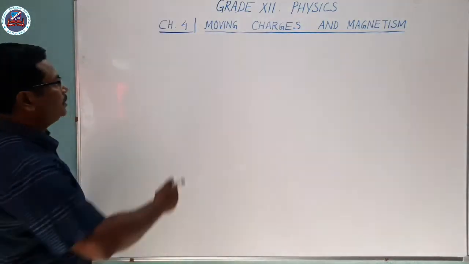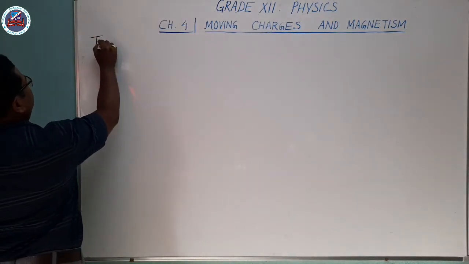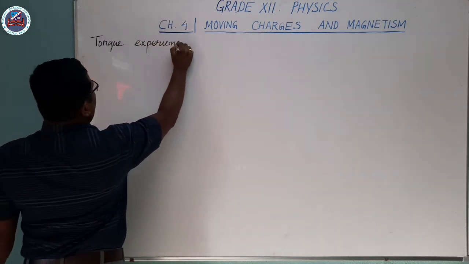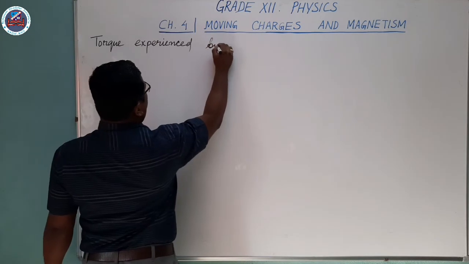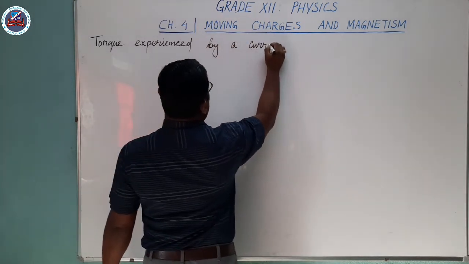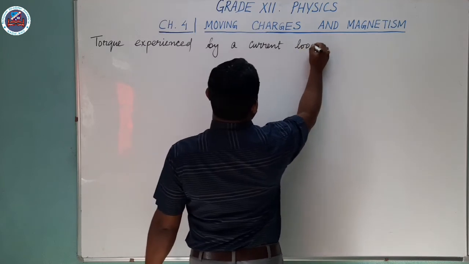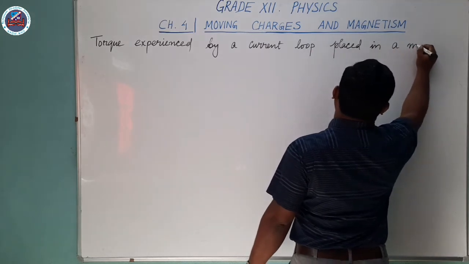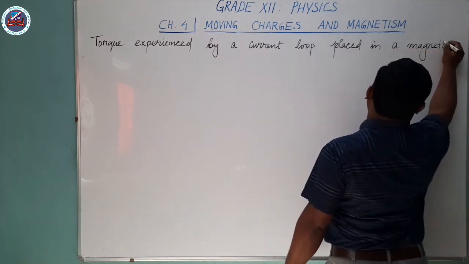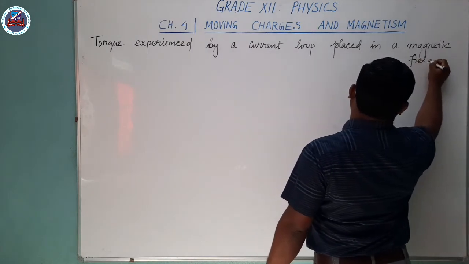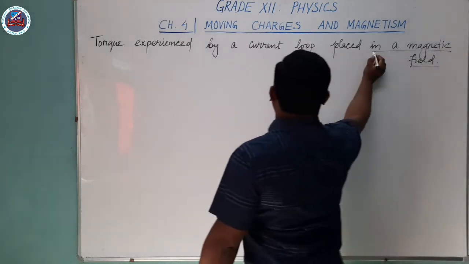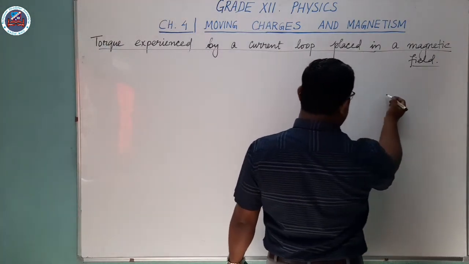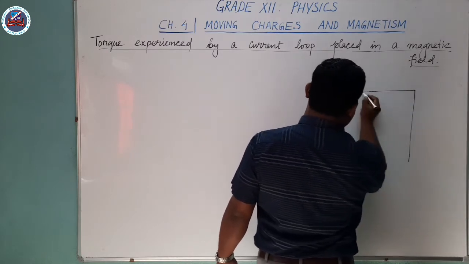Let us see now the torque experienced by a current loop placed in a magnetic field. Suppose, let us take a rectangular loop.